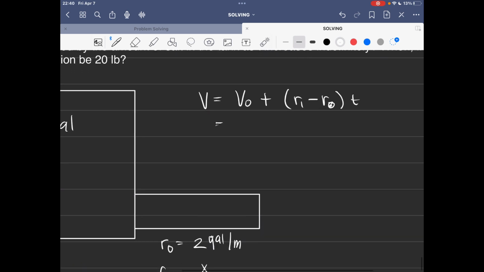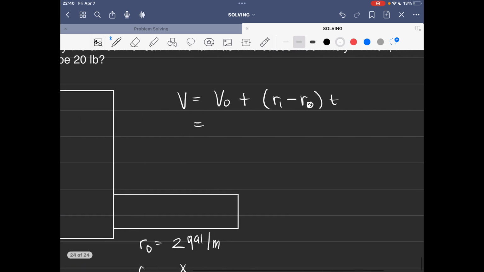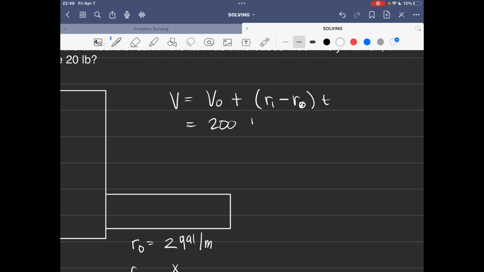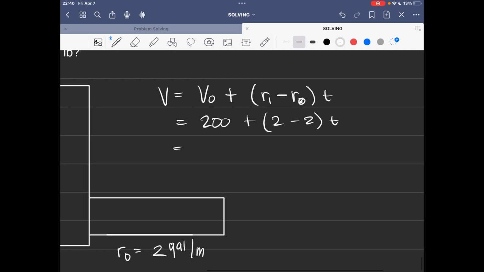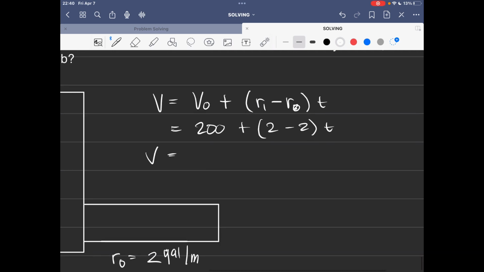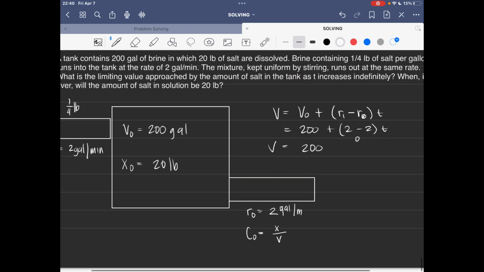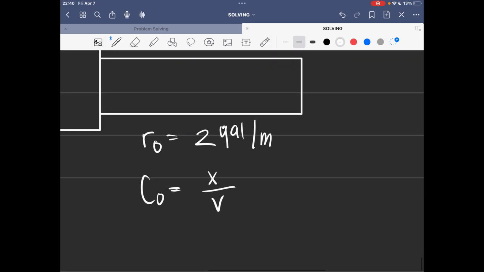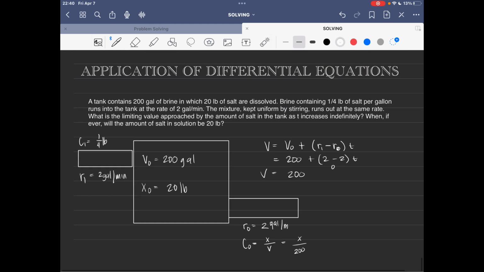Our V sub 0 is 200 gallons, so 200 plus R sub I, which is 2, minus R sub O, which is 2, times t. This is 0, so V is equal to 200. So we have X over 200.